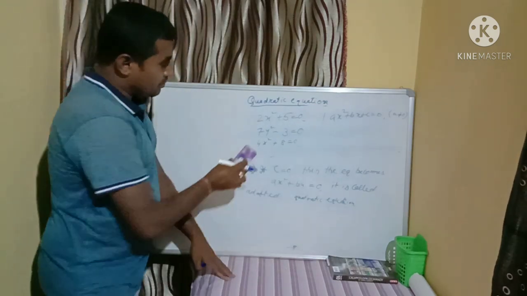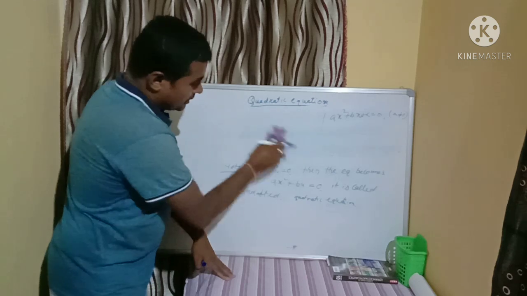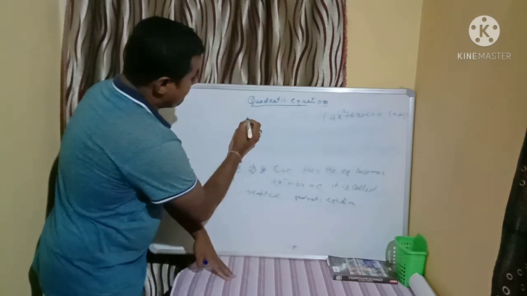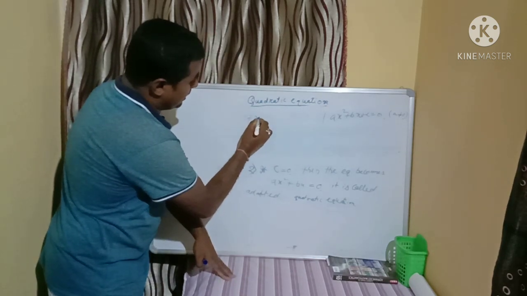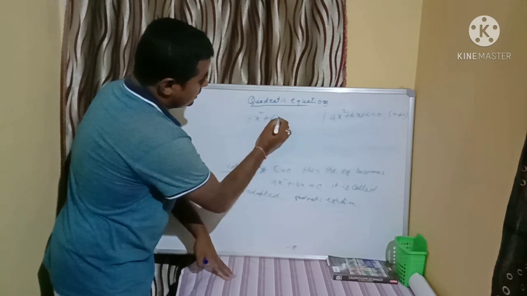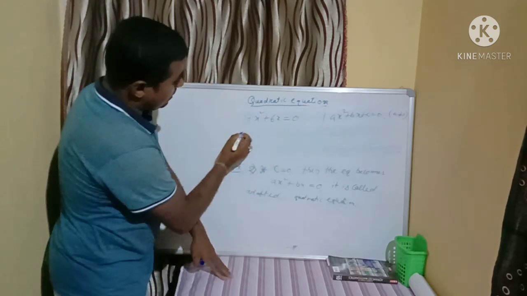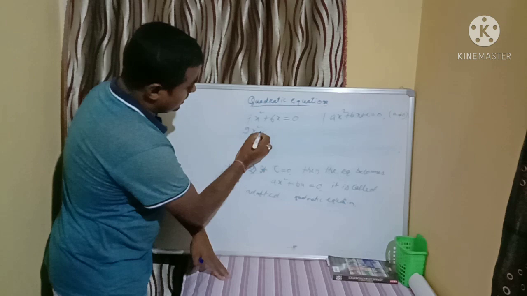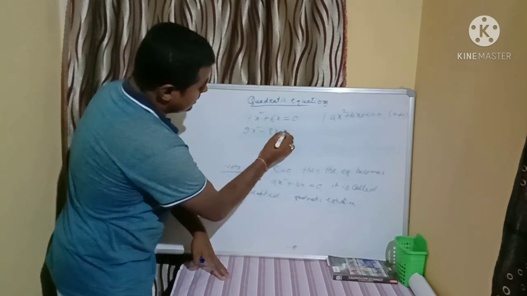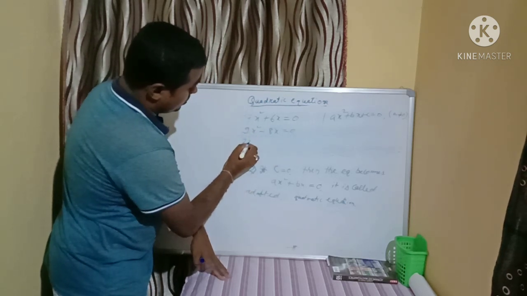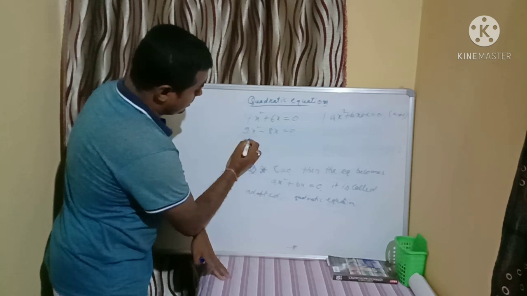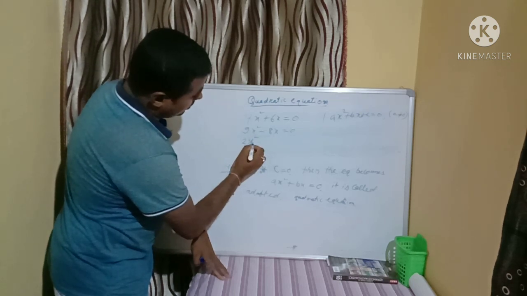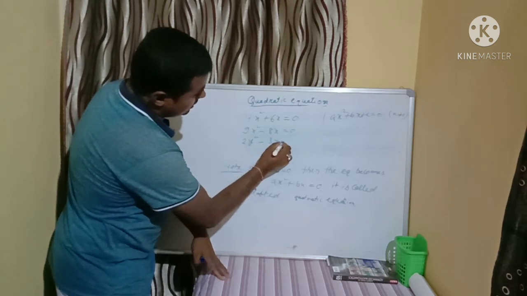Now some examples of adapted quadratic equations are 7x square plus 6x equal to 0, 9x square minus 8x equal to 0, 2y square minus 3y equal to 0.